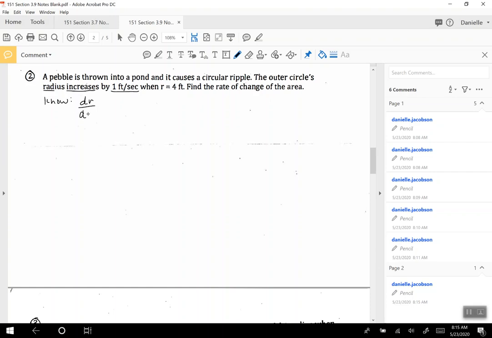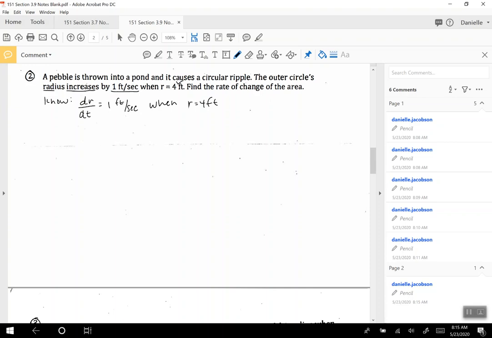So I know dr/dt is equivalent to 1 foot per second when r equals 4 feet. Okay, so we put a little check mark next to that. We've pulled out that given information. The question says, find the rate of change of the area.